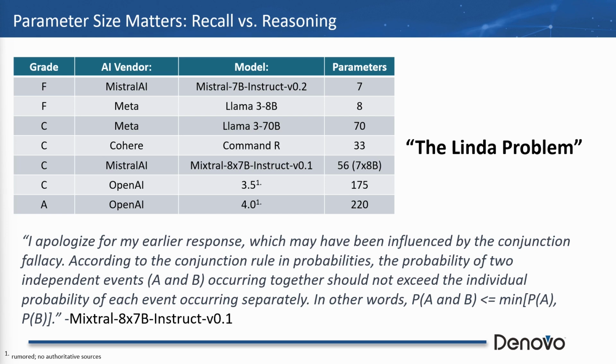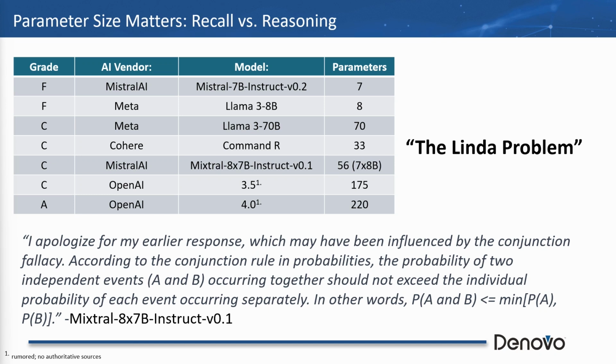So we had a couple of Fs at the very top, the Mistral 7 billion parameter model and Meta's Llama 3 8 billion parameter. In both cases, even with that additional information, they still failed. For Cs, Llama 3 70 billion parameter, so trained by the same company, the same approach.